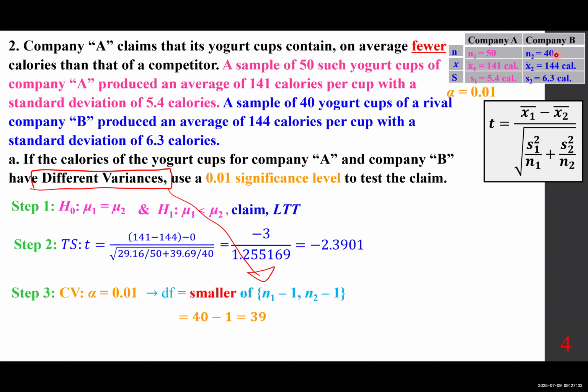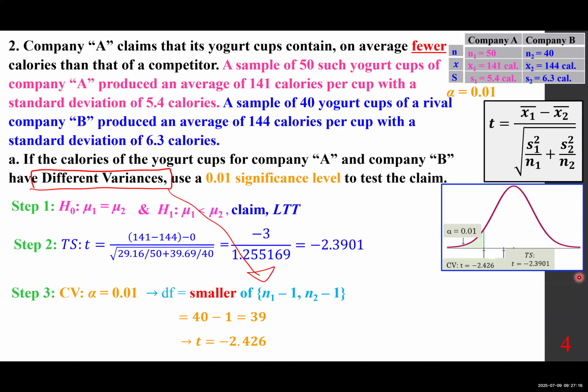Now from the table, we get negative 2.426. Alpha is 0.01. Why is it negative? Because it's a left tail test. Now let's put all of that into a graph. With alpha of 0.01 and degrees of freedom of 39, the critical value T is negative 2.426.